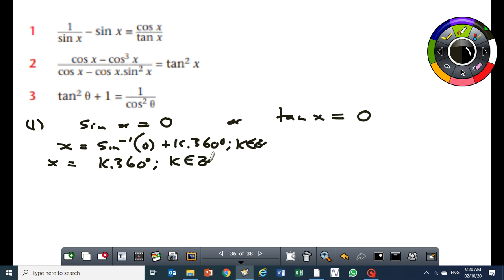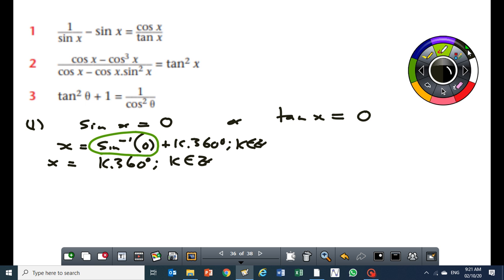Remember, your reference angle is this one here. If you take out your calculator, I expect you to have your calculator in front of you: shift sine of 0 is 0. So our reference angle is 0 degrees. But sine has got two general solutions, so we have to subtract this reference angle from 180 to get another angle in the second quadrant.